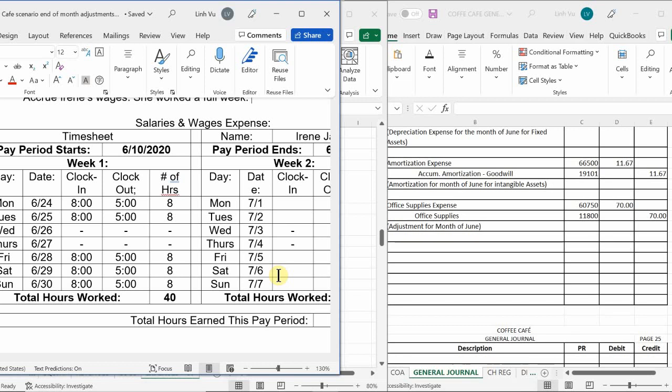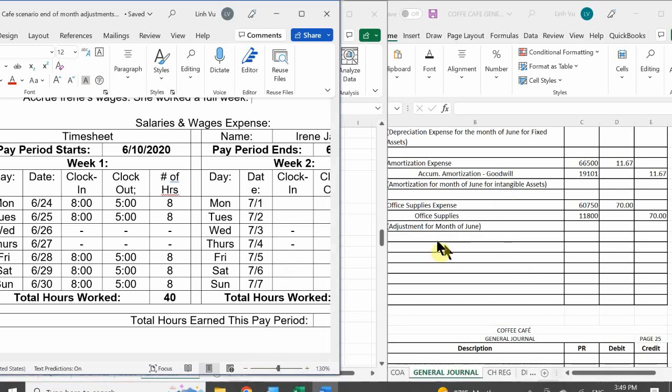Even though you didn't pay her yet because it's not paycheck day, she still worked for you in the month of June. So that's an expense that you have to incur. That's how you accrue these hours because the service has been completed, but you haven't paid her yet.